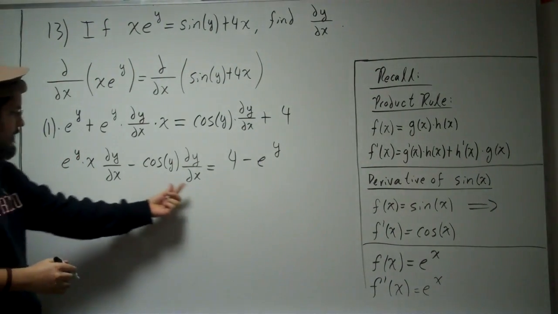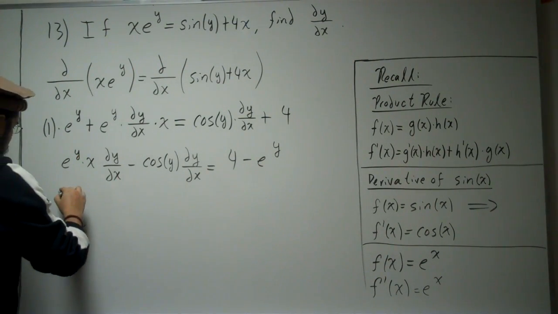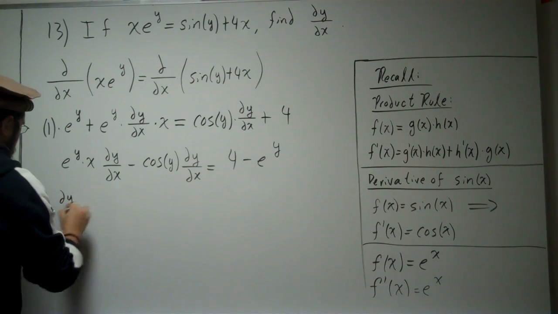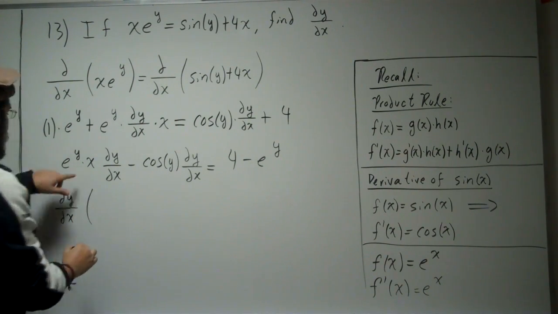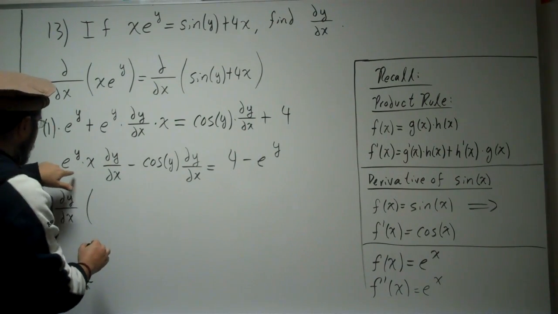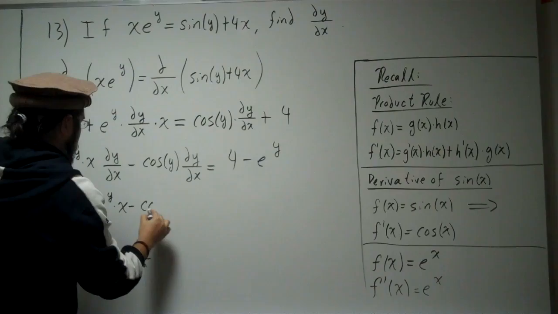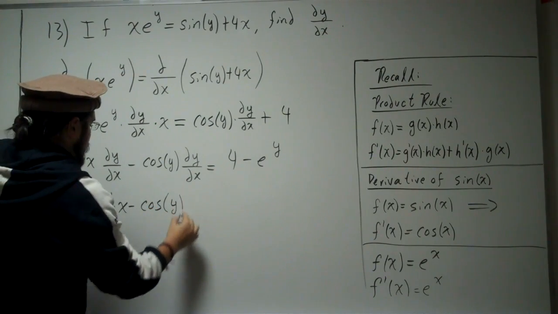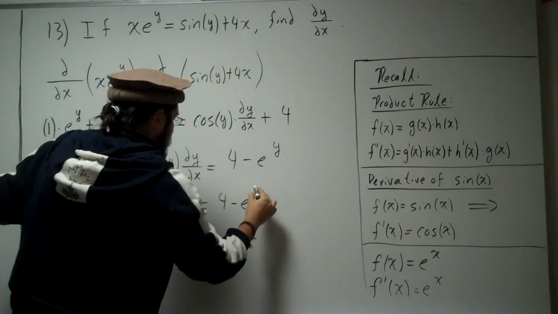I can factor out a dy/dx, so go ahead and factor that out. I'm left with dy/dx times the quantity e to the y times x minus cosine of y, and that's equal to 4 minus e to the y.